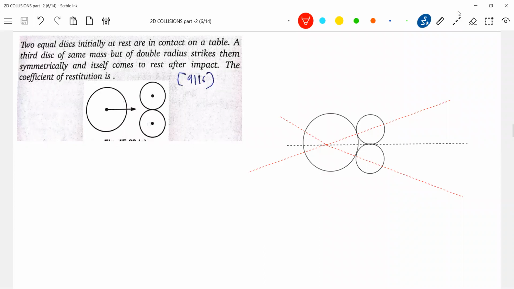So in what direction should the velocities of these spheres be? Both will have the same speed. Yes, both must have the same speed. So let this be theta, let this be theta. Write down the question. Two equal disks initially at rest are in contact. A third disk of the same mass but of double the radius.